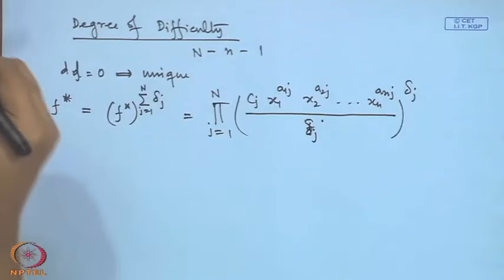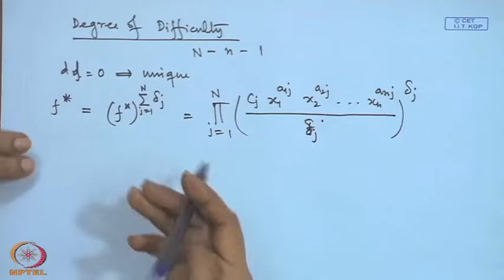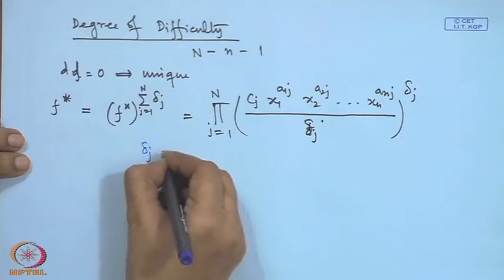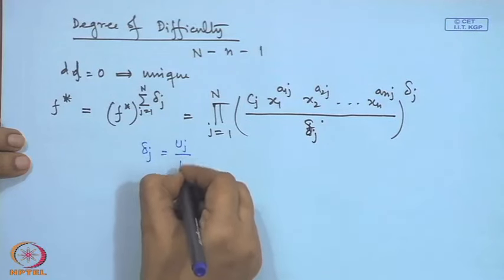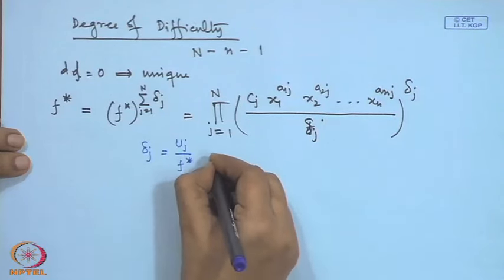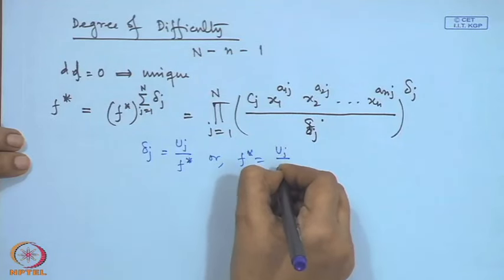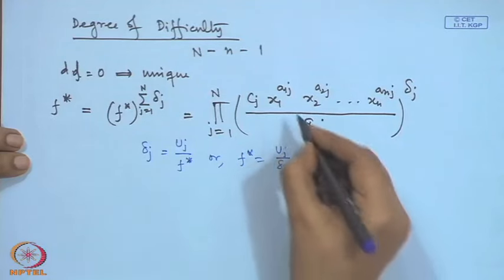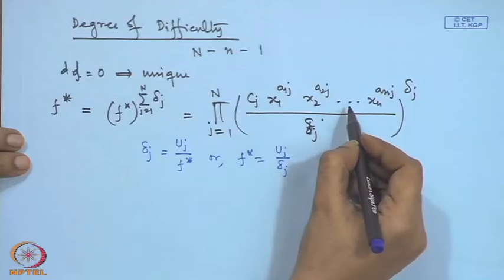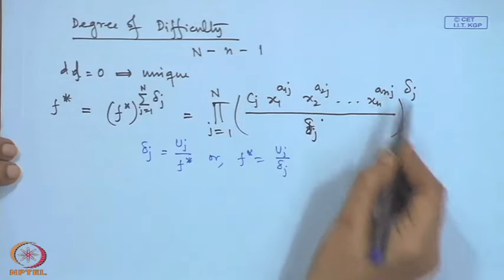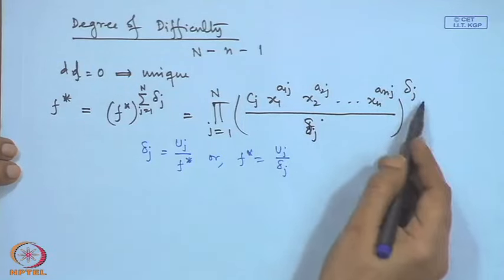Why this is so? Because we have the fact that delta j is equal to uj divided by f star, or f star is equal to uj by delta j. In place of uj, we are considering the individual monomials, that is Cj x1 to the power a1j, x2 to the power a2j, xn to the power anj, etc.